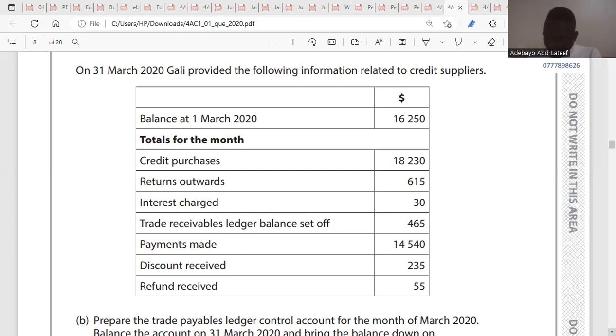So the difference is 34,565 minus 15,855. So our balance carried down will be 18,710. You write it on the debit side. That will be our balance carried down.